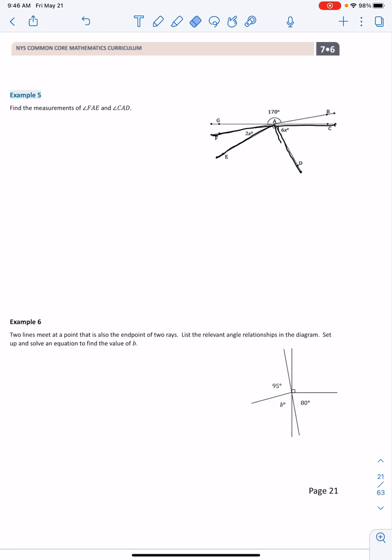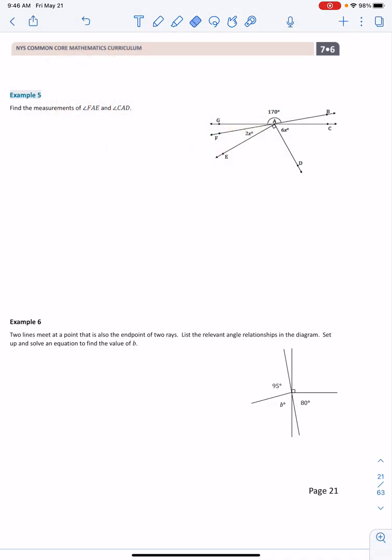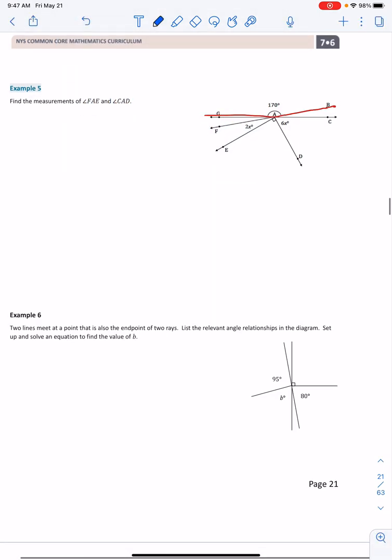I'm going to erase this again. And I'm going to show you that we have this angle here and we have this angle right here.